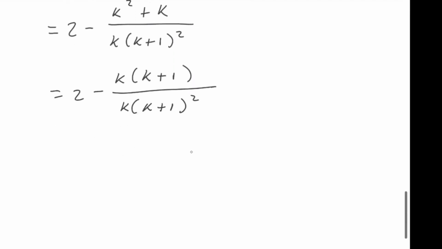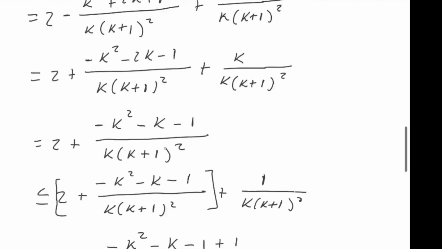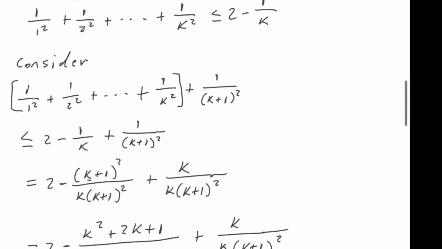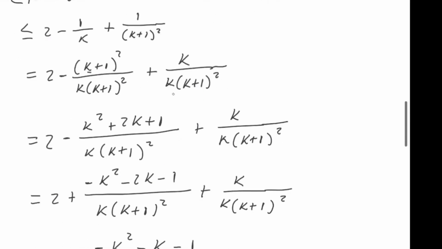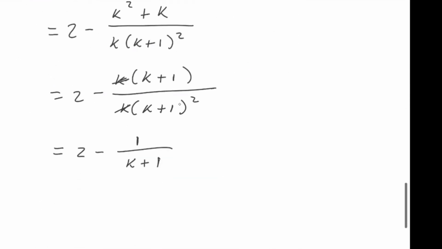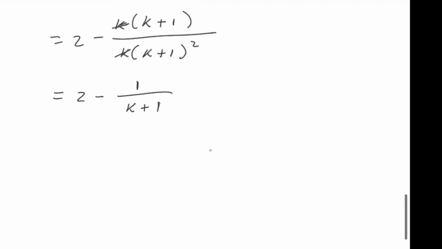And this is exactly what we wanted. We have this is equal to 2 minus, so k cancels with k, and k plus 1 over k plus 1 squared, you're left with 1 over k plus 1, which is exactly what we wanted to show. We're able to get the sum of the first k plus 1 terms equal to the formula if you plug in k plus 1.